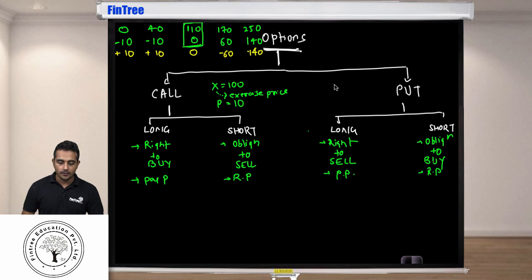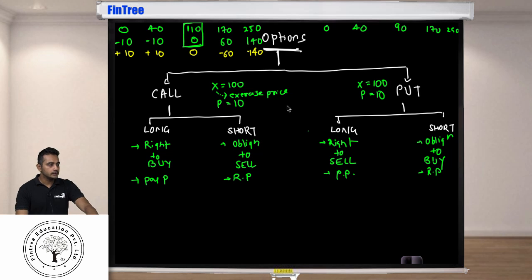Let's look at this side now. Strike price 100, premium 10. Let us say the underlying is 0 or 40 or 90, 170, 250. So you have a right to sell at 100, the price in the market is 0, we are thinking long put.